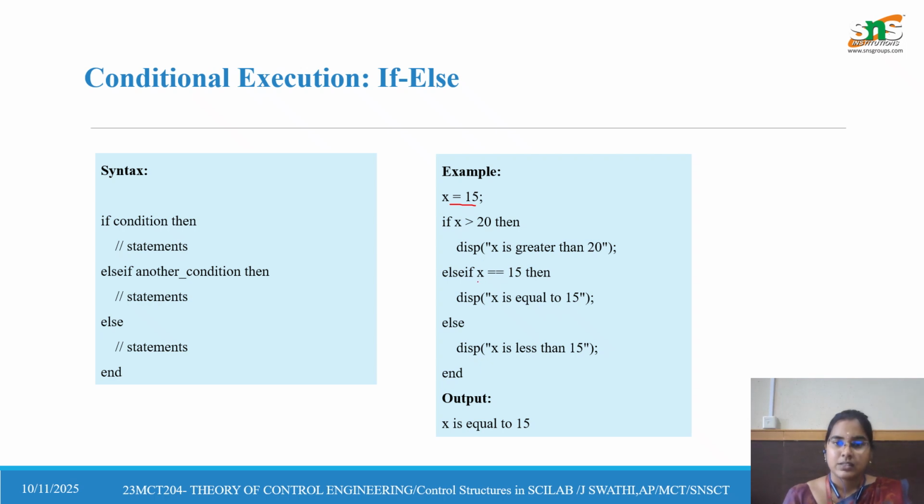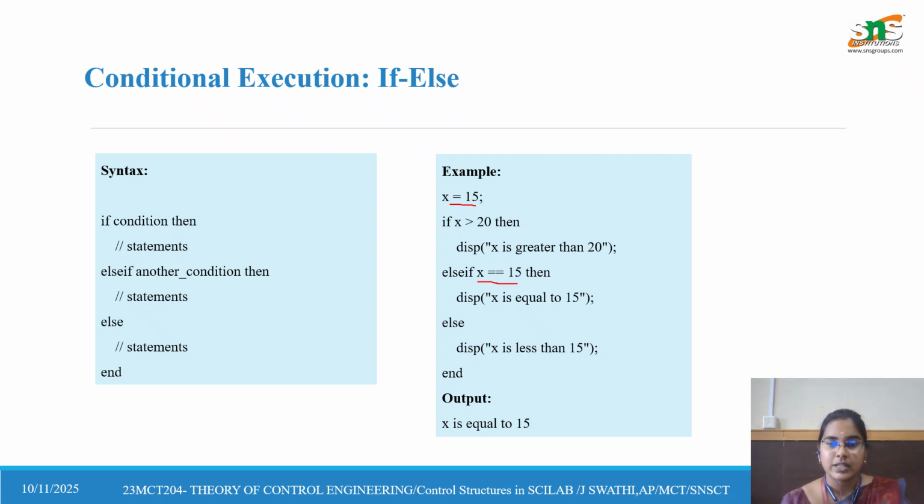Else if x is equal to 15, then display x is equal to 15. Else x is less than 15, it has to display x is less than 15. So one condition is: if the number is greater than 20, it displays greater than 20. If it is equal, it displays equal, or else it concludes that it is less than 15.